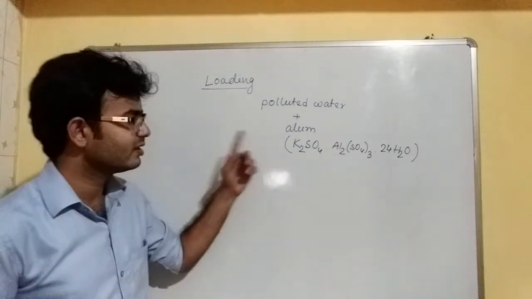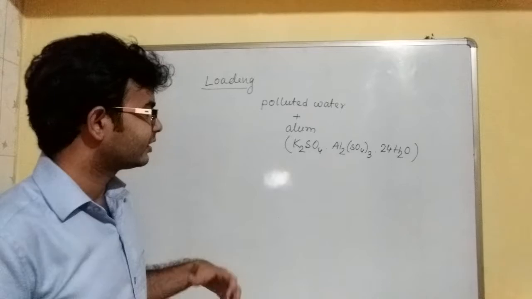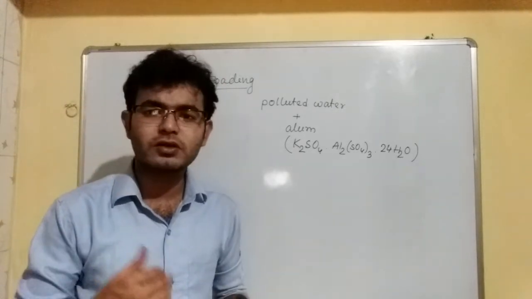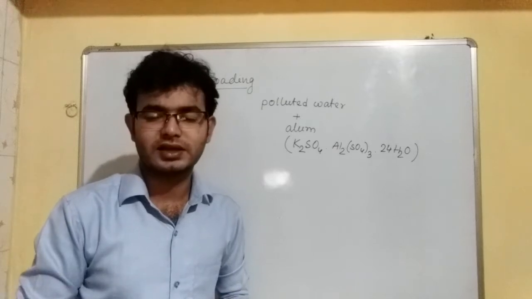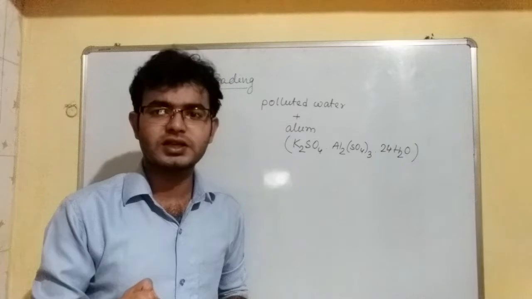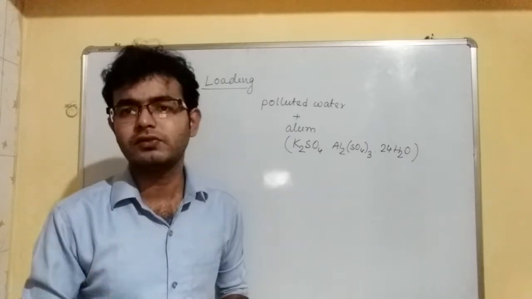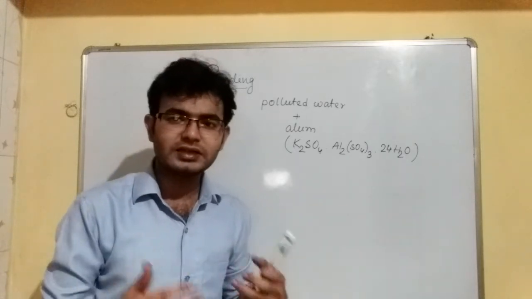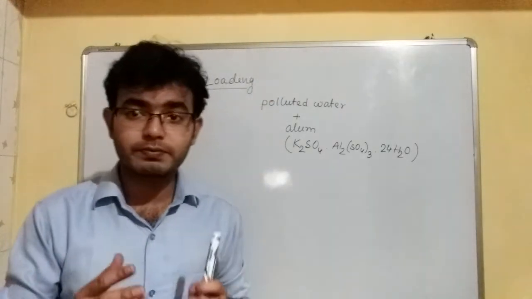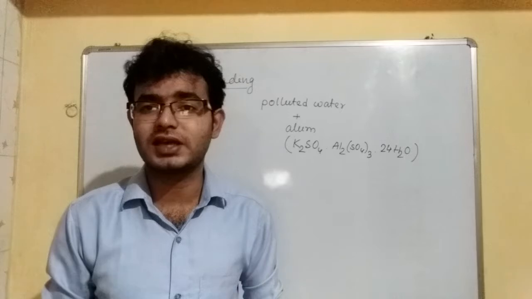What happens in this process is that polluted water contains suspended impurities which are quite small in size. As a result, they will not settle down by the gravitational force. As the size of the particles is quite small, what will happen?